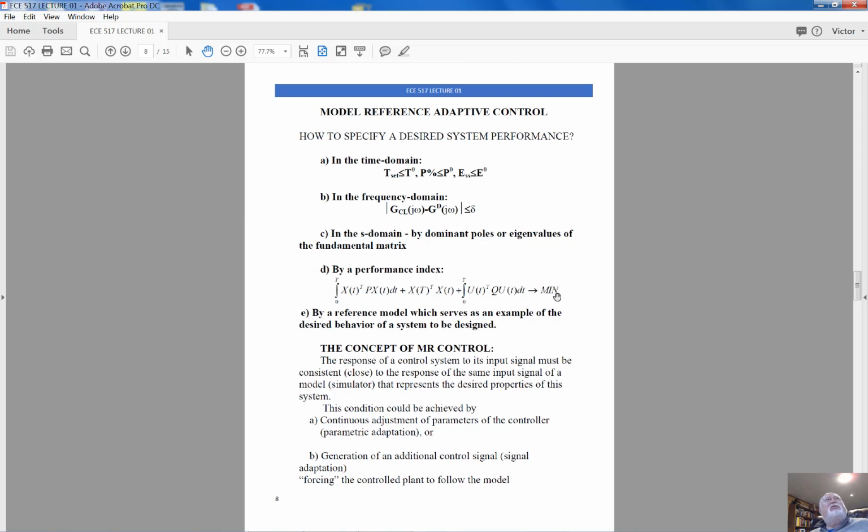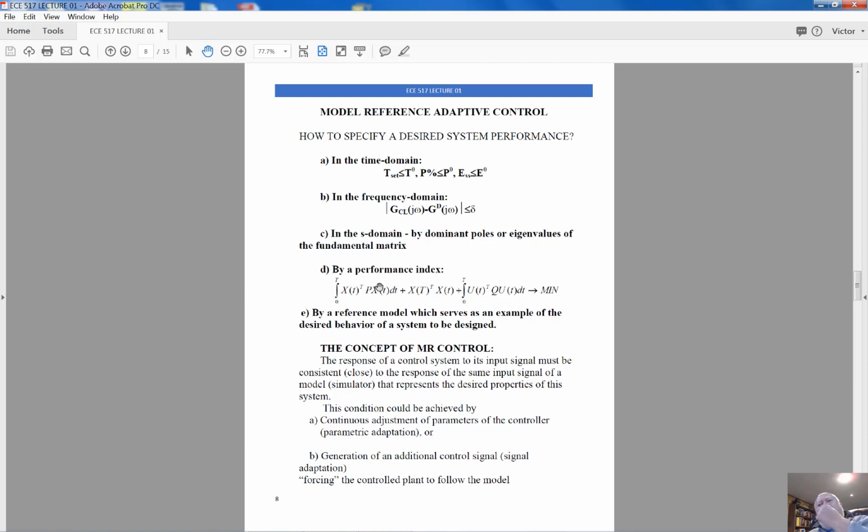How is this approach used? If matrix P is properly defined and well balanced with respect to matrix Q, the cost of control effort, then system designers may produce several versions of the system controller. And for each of these versions, the performance index could be defined, and this enables us to choose the optimal system design.